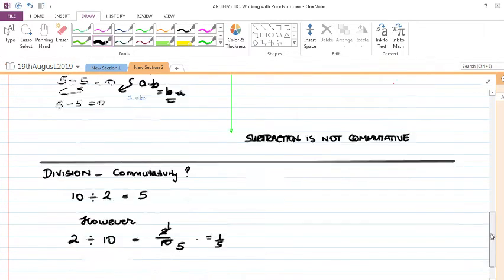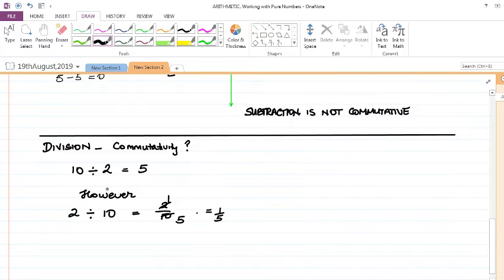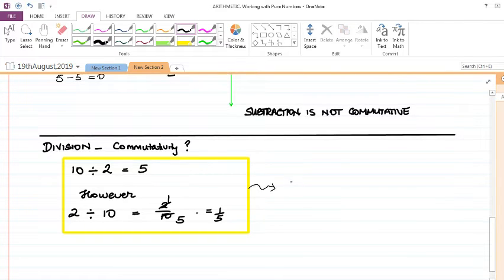I mean, we have one example. Now, there could be a case, yes, there could be a case in this example here. In this example, A divided by B is not the same as B divided by A. Okay?